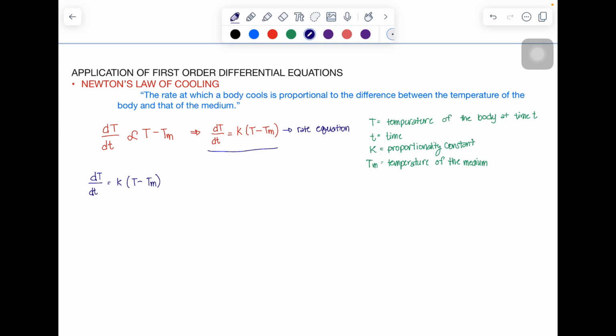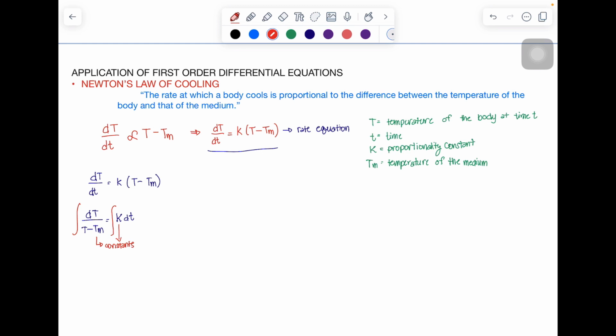So we have dT over T minus Tm is equal to k dt. What we do after is that we integrate. So this is by variable separable, and Tm and k are treated as constants.